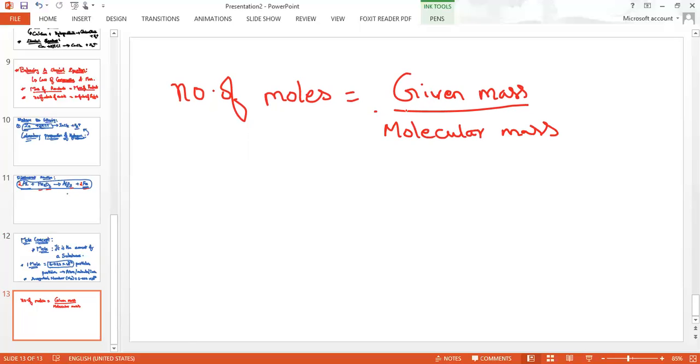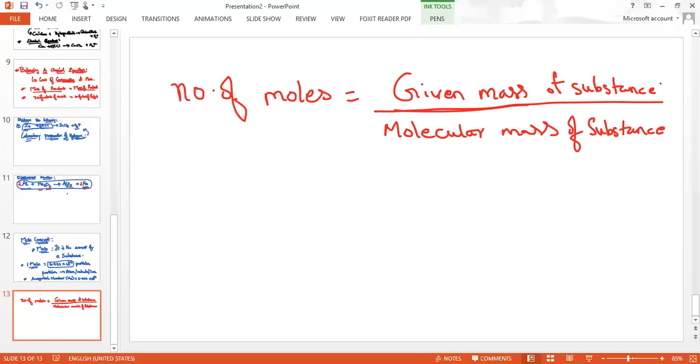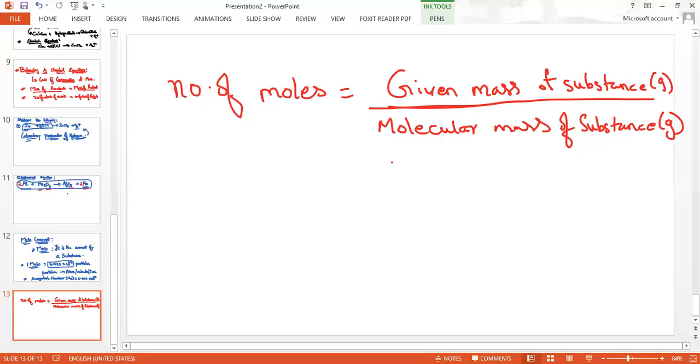Given mass of substance by molecular mass of substance. Both will be in gram: mass of substance in gram, molecular mass also in gram.